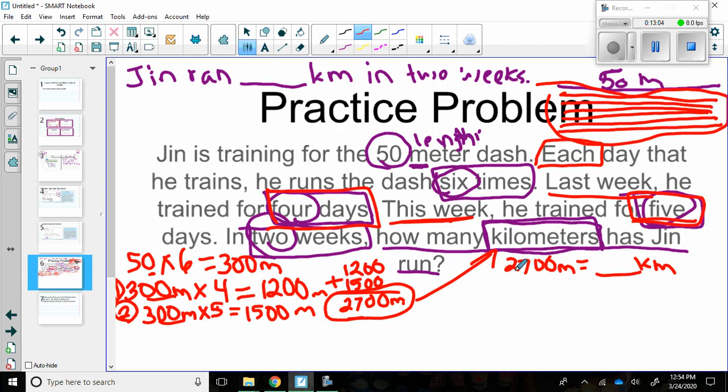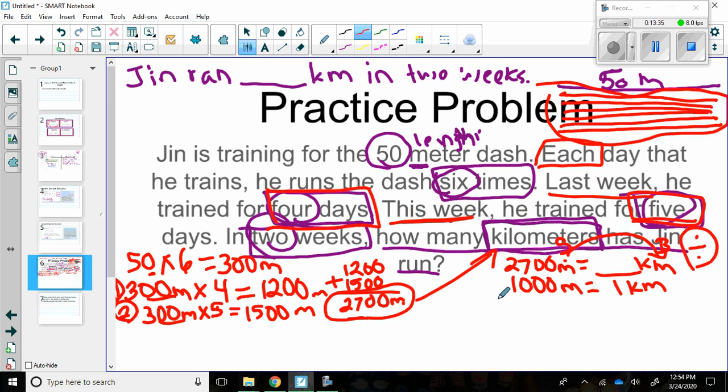So I know now that there is 1,000 meters and it equals 1 kilometer. Third step is bigger to smaller or smaller to bigger. I'm going from meters to kilometers. So I'm going smaller to bigger, which means that I divide.